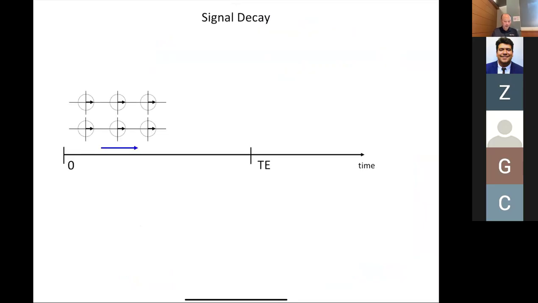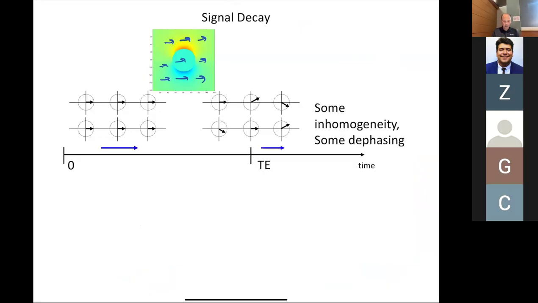And so here's the idea why this is important. Here we're looking at all these spins aligned, okay? And this will be the fundamental idea behind functional MRI as well. Imagine that I put these spins around this guy here, and the colors are just saying that they have slightly different field strengths. The red is higher, the blue is lower. What's going to happen is those spins are going to get out of phase, and there's some dephasing there.